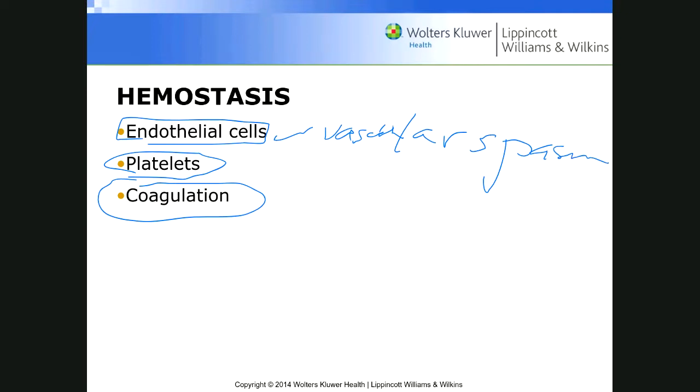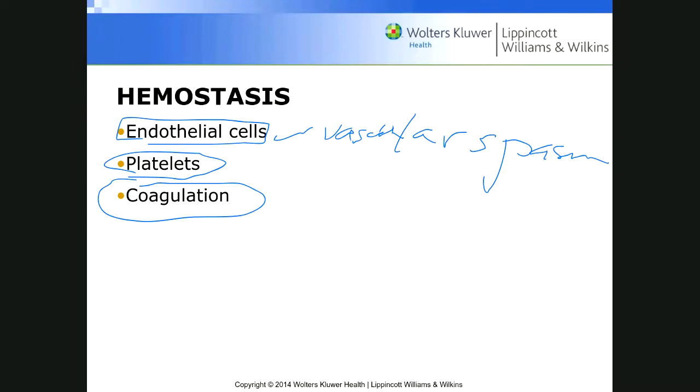The endothelial cells form the inner lining of the blood vessel called the tunica intima, and it's a nice continuous line. It's very smooth, right? So the red blood cells, white blood cells, everything flows smoothly. Whenever you have damage to the endothelial cells, it's going to create a rough surface, if you will.